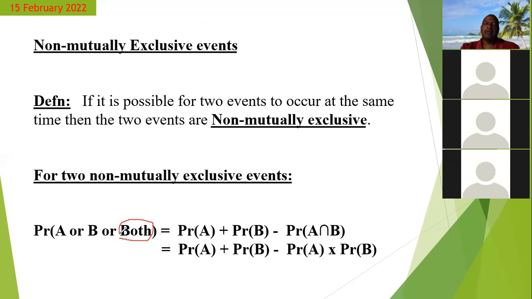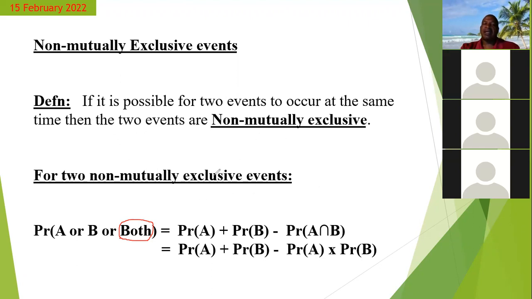In a mutually exclusive event, you won't have both. So once I ask what's the probability of A or B or both, and A and B can occur at the same time, as in the case of a king of spade, where a king can happen and a spade can happen at the same time in one draw, then we know that we are dealing with a non-mutually exclusive event.